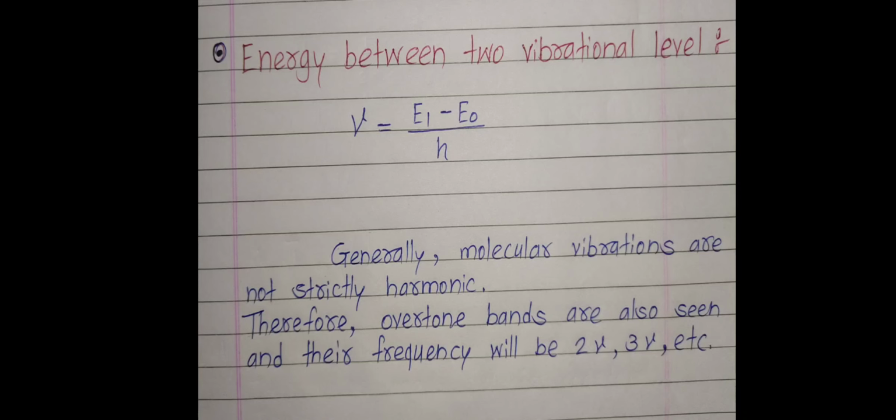Generally, molecular vibrations are not strictly harmonic. Therefore, overtone bands are also seen and their frequency will be 2ν, 3ν, etc. This is the energy between two vibrational levels.